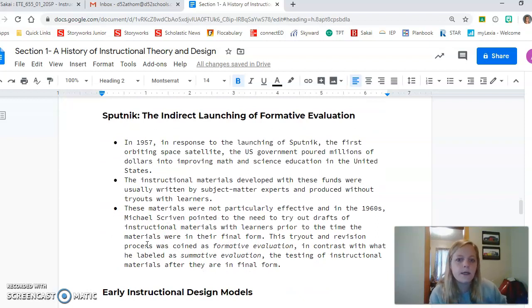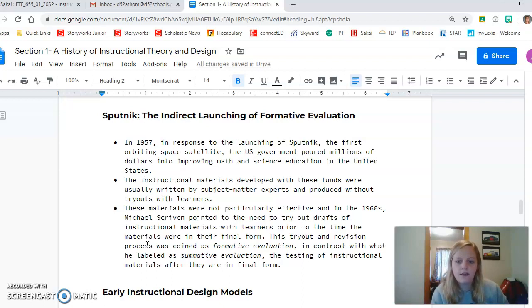Sputnik was launched in 1957. In response, the US government poured millions of dollars into improving math and science education, but they didn't really test it on learners. So it didn't work out so well, and it wasn't really effective.